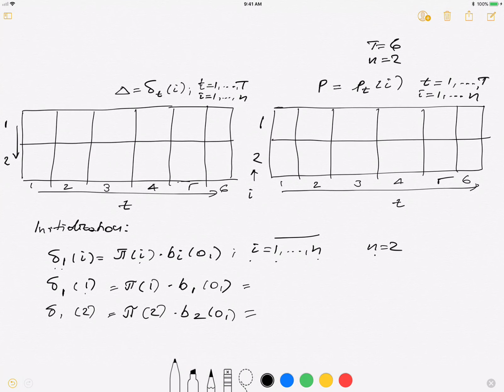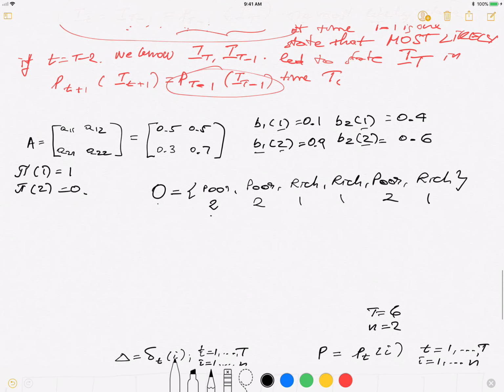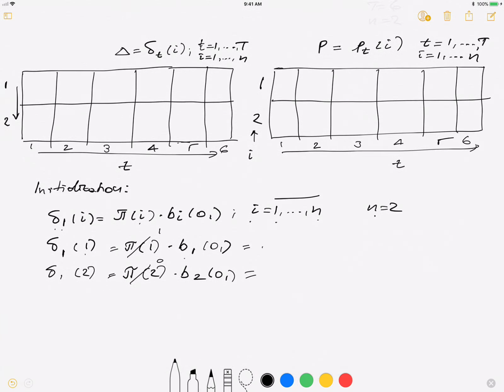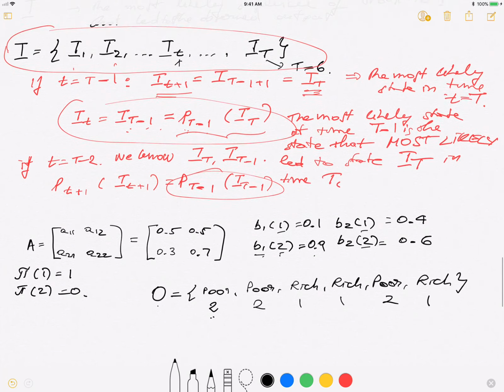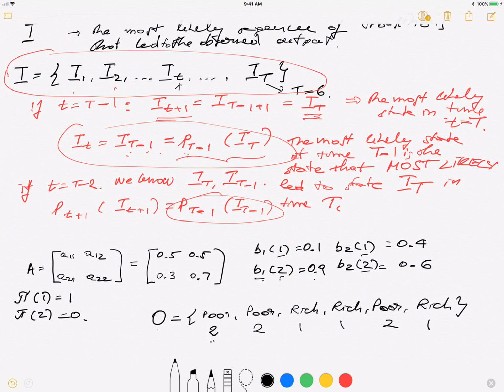Pi of 1 is 1, pi of 2 is 0. O1 is 2. So this would be 1 times b1 of 2, and b1 of 2 is 0.9.